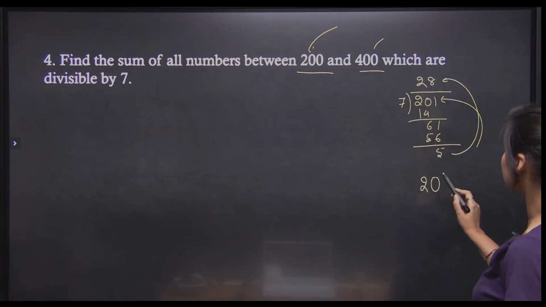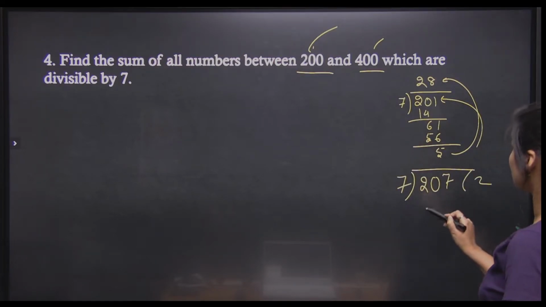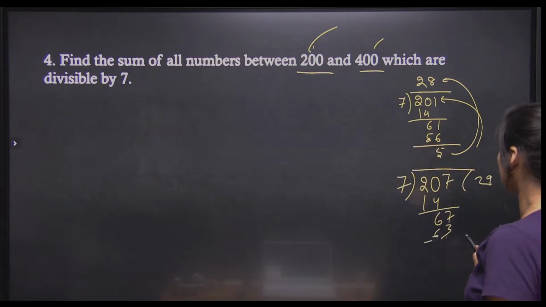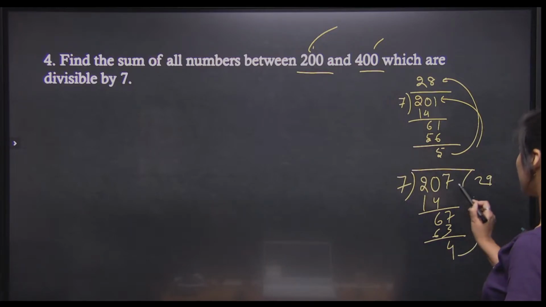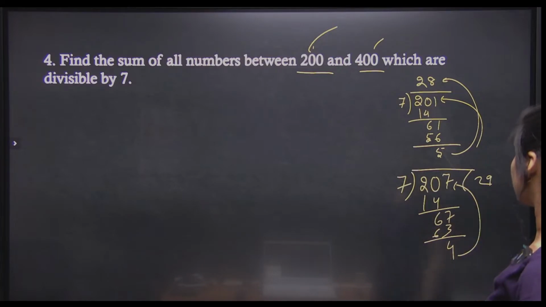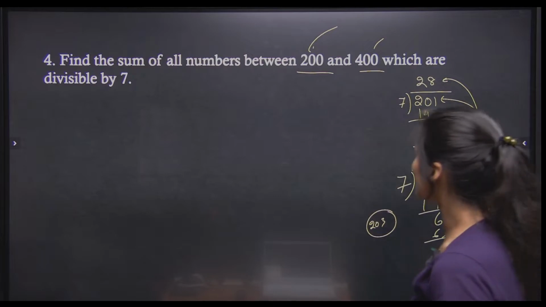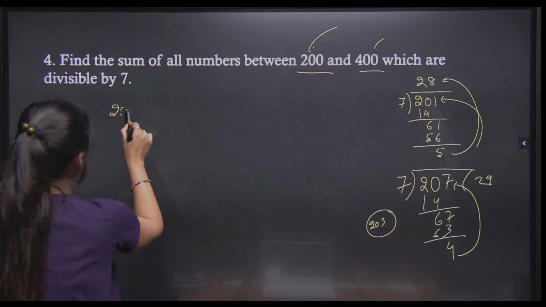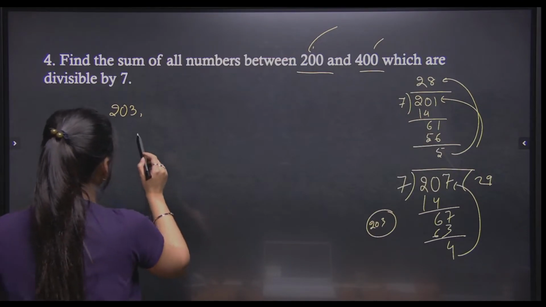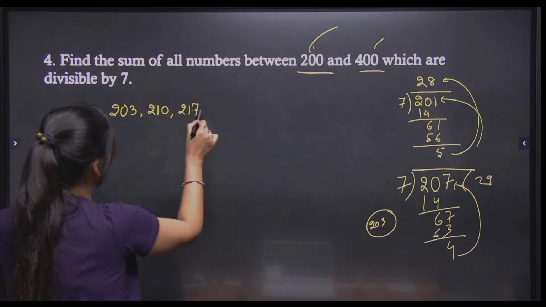Let us suppose I am considering 207. Okay, let's see what it gives. So we have 4. So if I subtract 4 from 207, it is 203. Isn't it? So this is the first number. So I am writing it 203, and then add 7, since we have to check it is divisible by 7. So it is 210, 217, and it goes on like this.